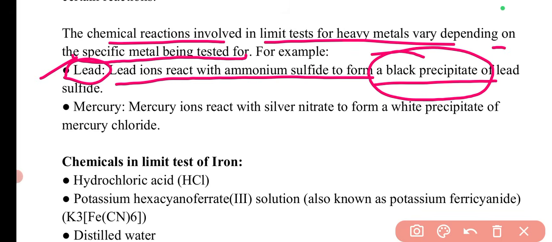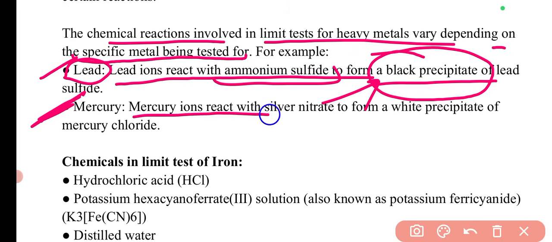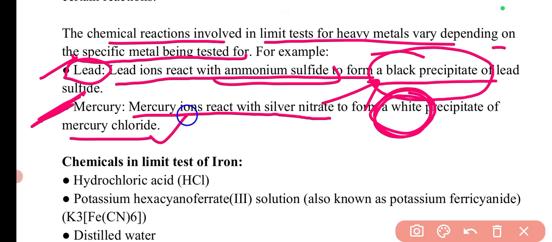In the limit test of lead, which is a heavy metal, it will react with ammonium sulfide and produce black colored lead sulfide precipitates. Then if mercury is there, then mercury ions will react with silver nitrate and it will produce the white precipitate of mercury chloride. So these are the two important points, like what is the color of the precipitate in these two things.